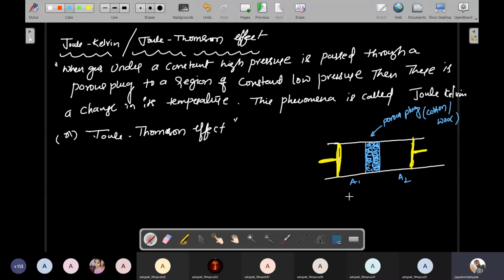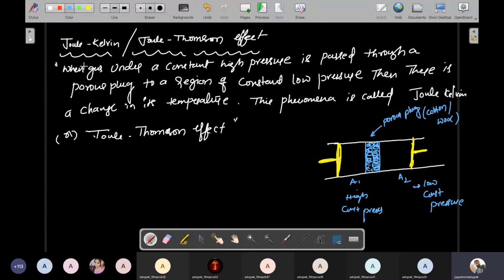Chamber A1 is always maintained at a constant high pressure, and chamber A2 is maintained at a constant low pressure. When the gas from chamber A1 is passed through the porous plug to a region of constant low pressure, there is a change in its temperature.